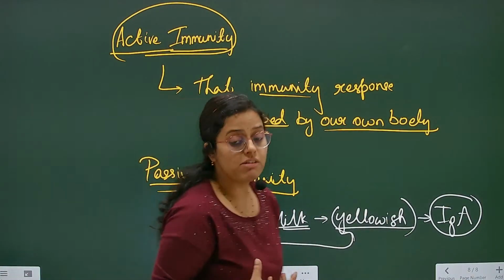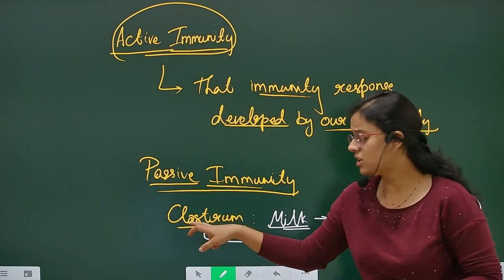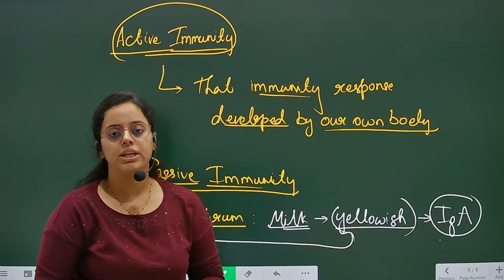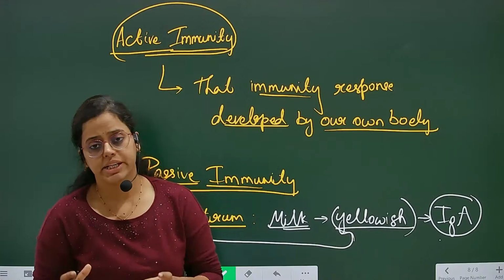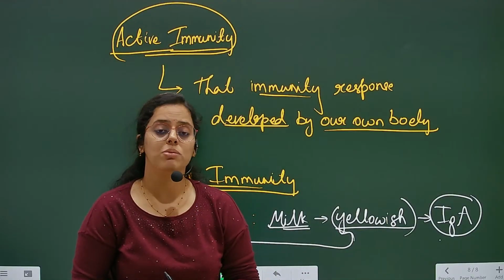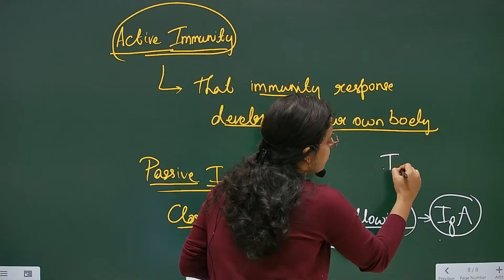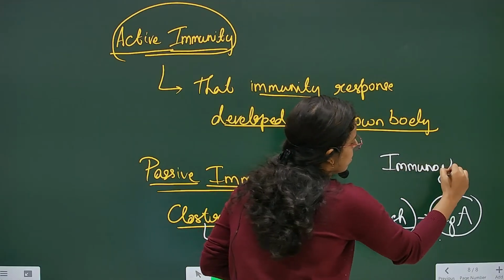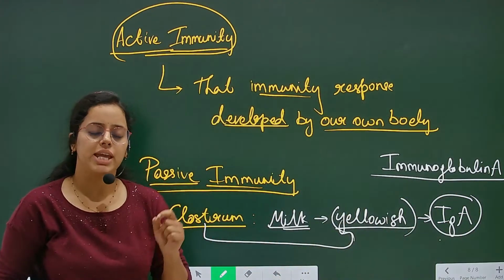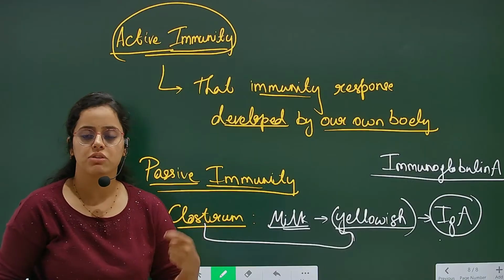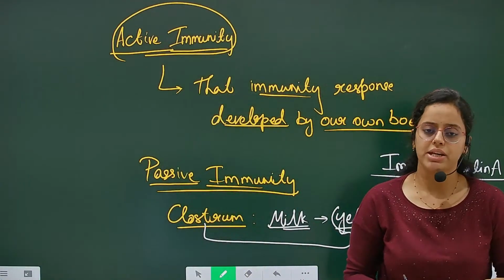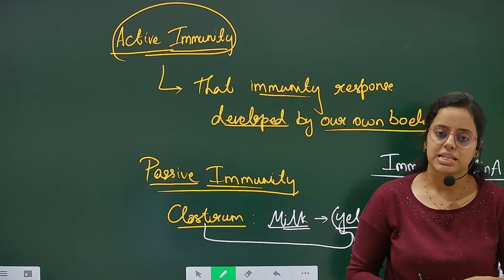When the infant sucks the milk, he gets the colostrum, right? This colostrum consists of antibody A, immunoglobulin A, and the infant is protected from various kinds of infections because of it. The infant is getting this from the mother's defense system, so this is called passive immunity.